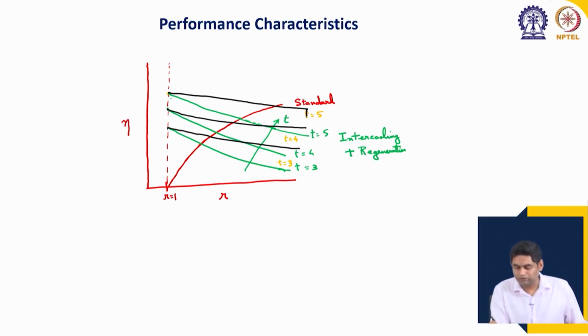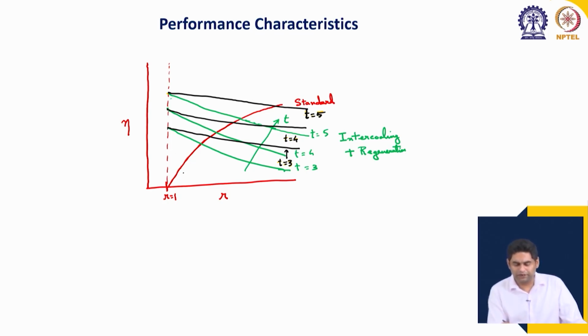T equal to 5, T equal to 4 and T equal to 3 for this case. So, highest efficiency and work output is of course also highest, because it is same as the work output for that of reheat plus intercooling cycle, which already had the highest work output. So, both highest work output as well as highest efficiency is obtained in this cycle.